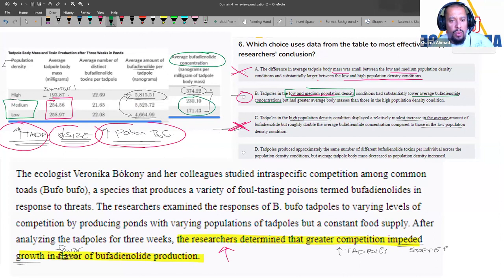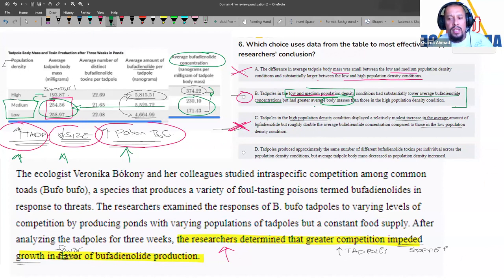Had substantially lower, it is lower, but had greater body masses. But if you look at the body masses, it was greater than the high. You see how answer B discusses these three parts of the conclusion. So answer A is incorrect because it doesn't discuss the three parts. It doesn't fully support it.